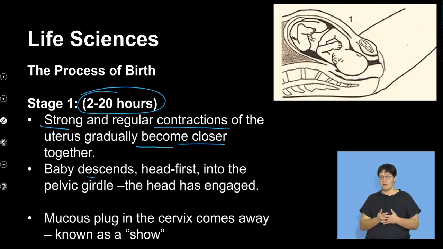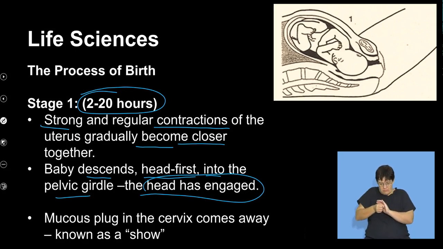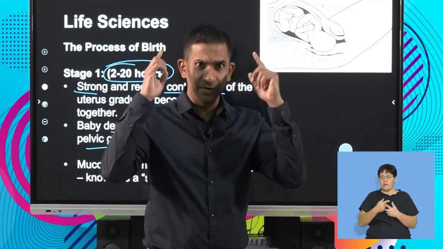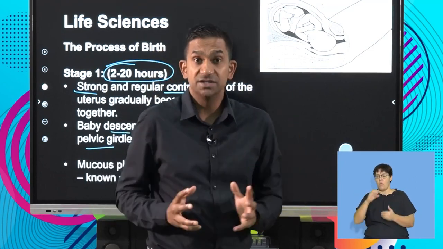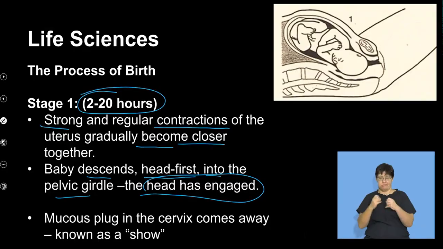As the baby descends, the head fits into the pelvic girdle and the head thus engages. The head engages into the cervix, applying pressure and stimulating the neurons in the brain to stimulate more oxytocin, which further contracts the uterine muscles.